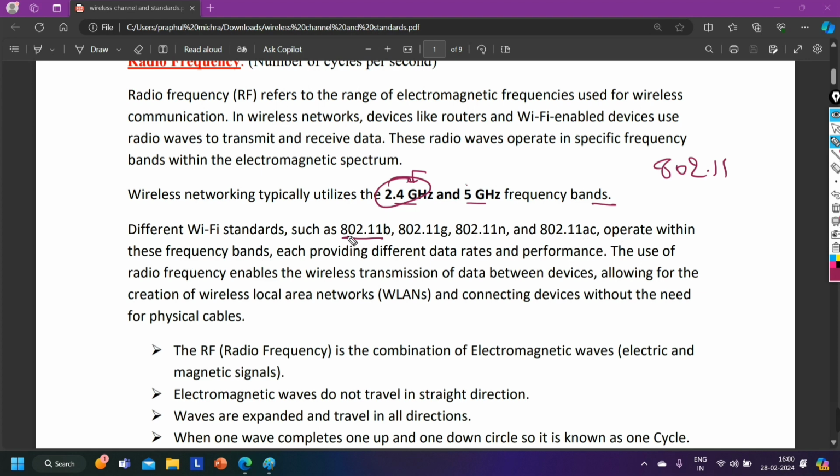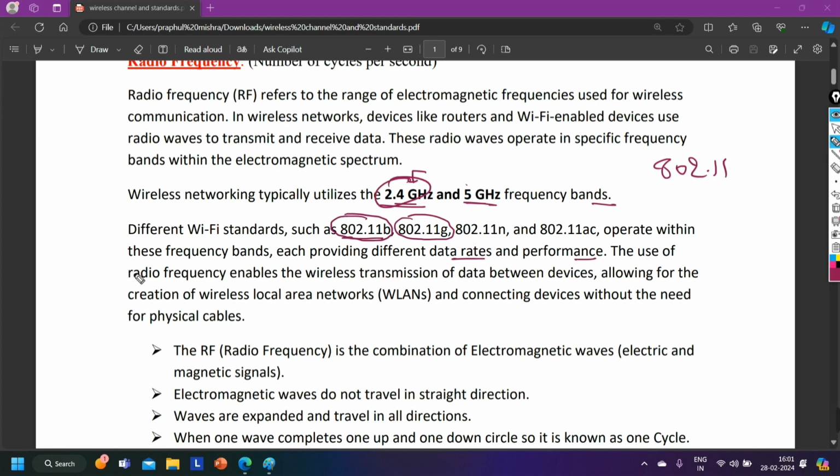We will see the characteristics of all these standards in this video. For now, just keep in mind that these standards use either the 2.4 gigahertz or 5 gigahertz band for wireless communication, each providing different data rates and performance, right? If you compare 802.11b and 802.11g, you will see the difference is in data rates and performance.